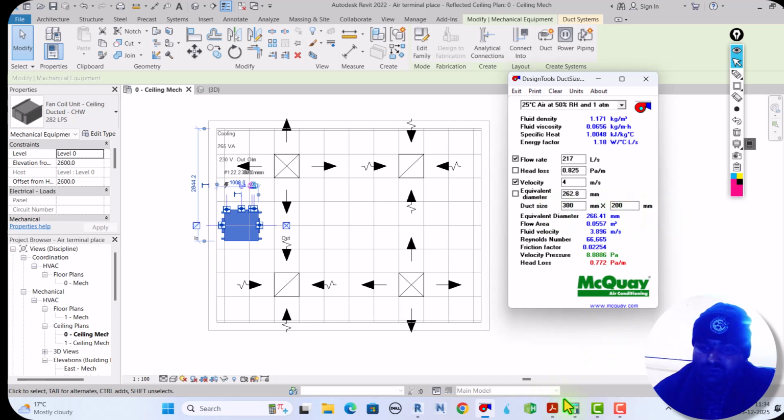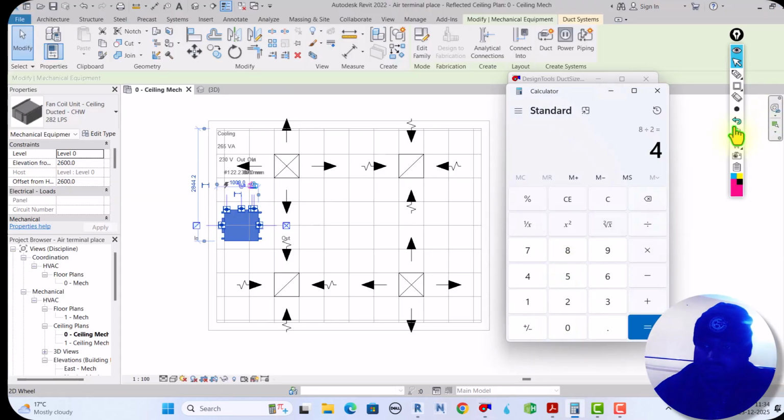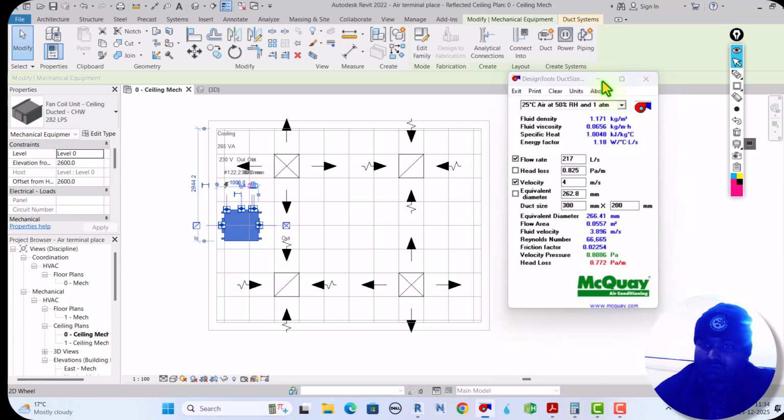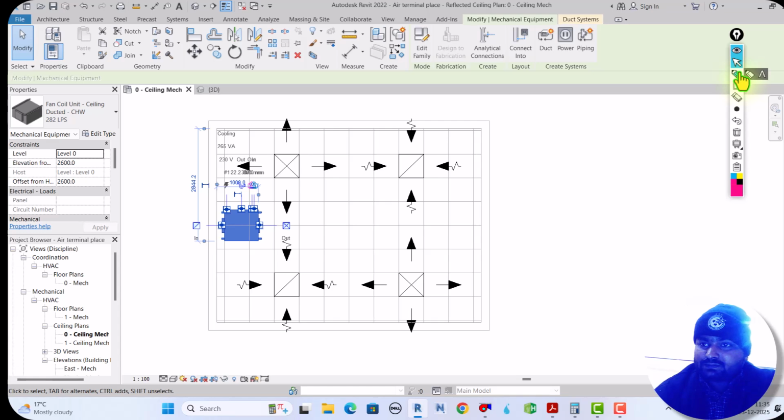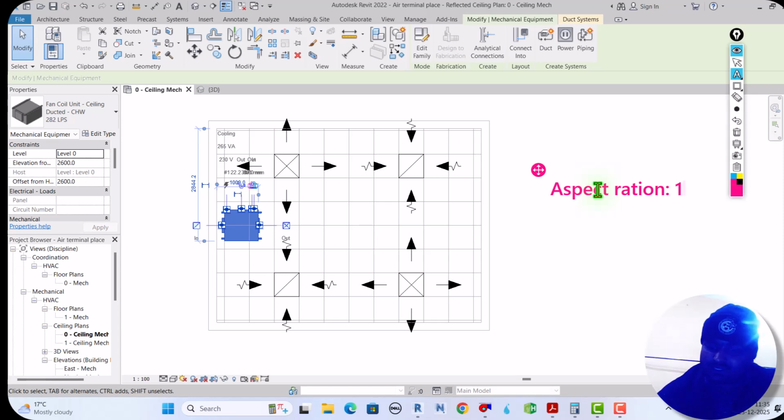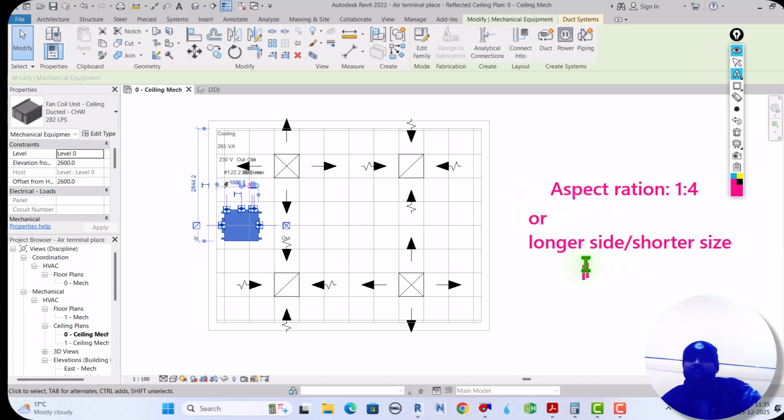Okay, as we know the aspect ratio, the aspect ratio as per the standard of the duct is the longer side divided by the shorter side, right?